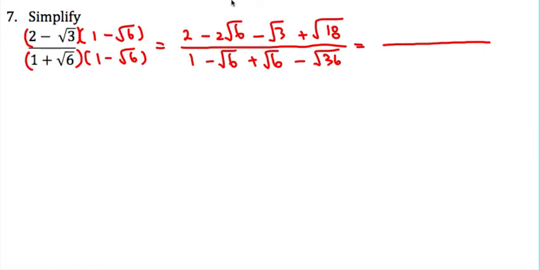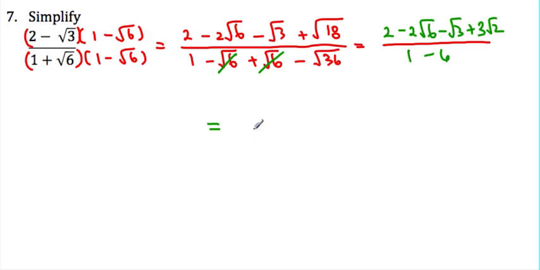Then these two cancel out, as you can see, negative and positive. And 1 minus 6 is on the bottom. On the top, everything is the same as it is, except this one can be written as square root of 18, meaning 9 and 2. So we have 2 minus 2 radical 6 minus radical 3 and plus 3 radical 2.